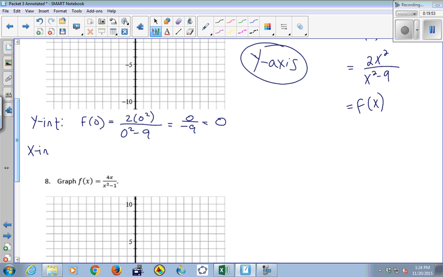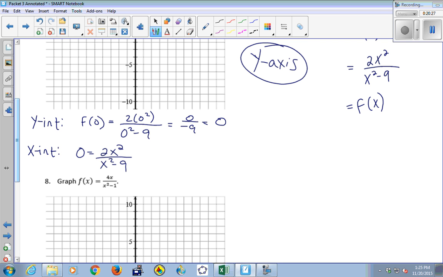X-intercepts. In general, to find x-intercepts, you make what 0? Y. So I'm going to have 0 equals 2x squared over x squared minus 9, and I want to solve for x. A handy shortcut when you're dealing with rational functions is that there's only one possible way the value of a fraction can be 0.